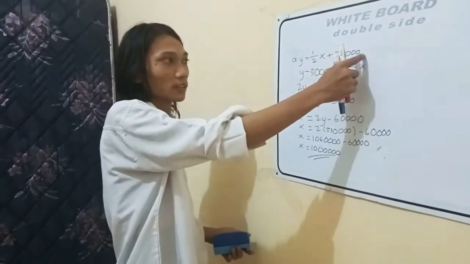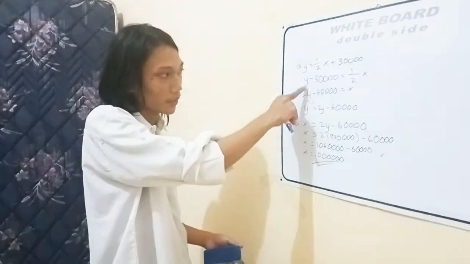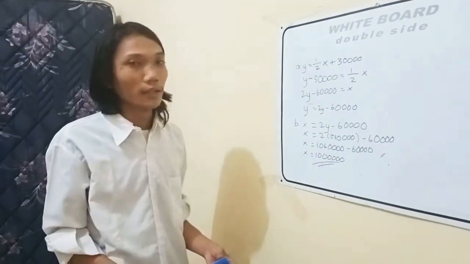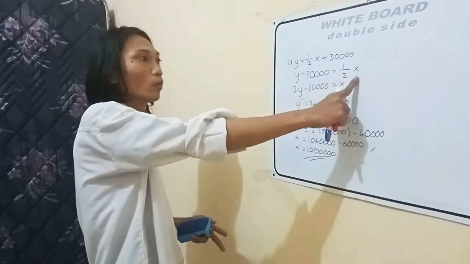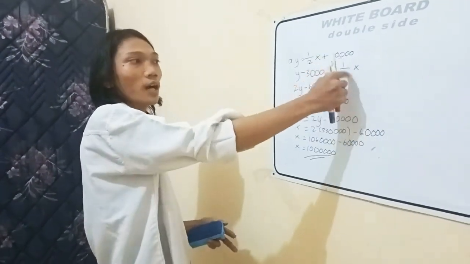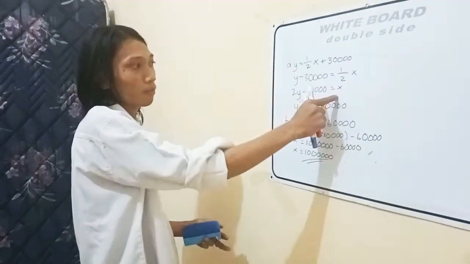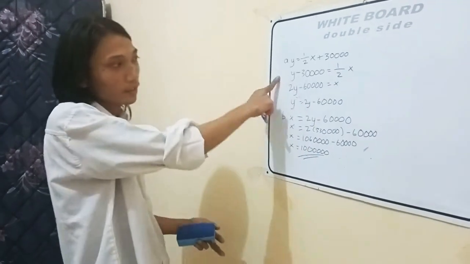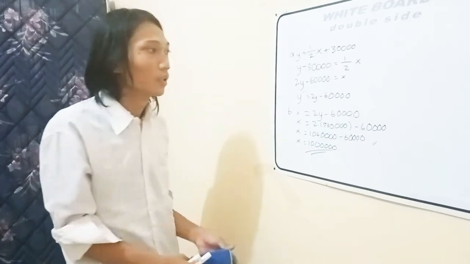We subtract both sides by 30,000, so we get y minus 30,000 is equal to a half x. Then we multiply both sides by 2, so we eliminate the half on the right side and we get x. And multiplying by 2 on the left side, the result is 2y minus 60,000.